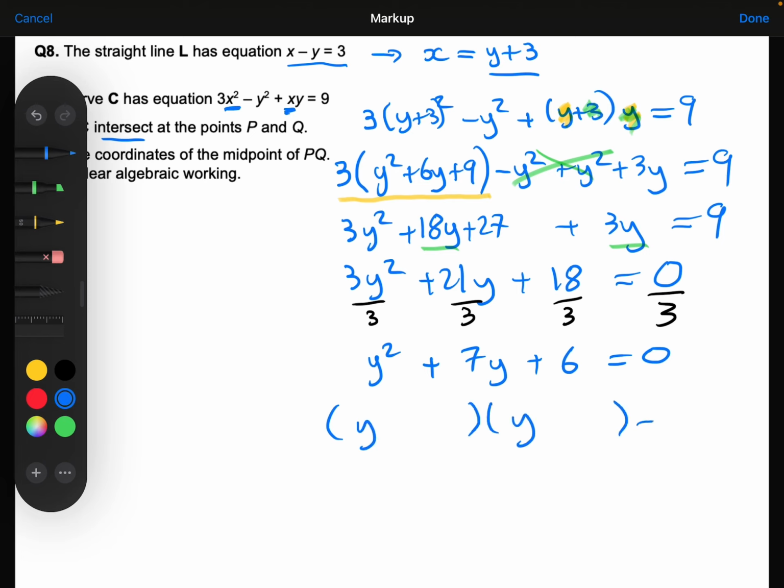I can now factorise this. It's going to be y plus 1 and y plus 6. So y is either going to equal minus 1 from the first bracket or minus 6 from the second bracket.